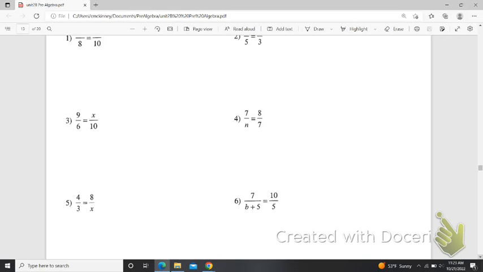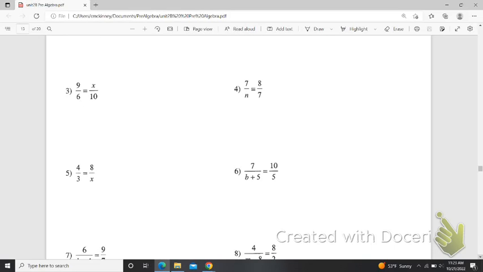Some of them do not have pretty answers though. I have warned you about that. For instance, number 4, when I cross multiply, I have 49 is equal to 8n. And we all are quite aware that 8 does not go evenly into 49.